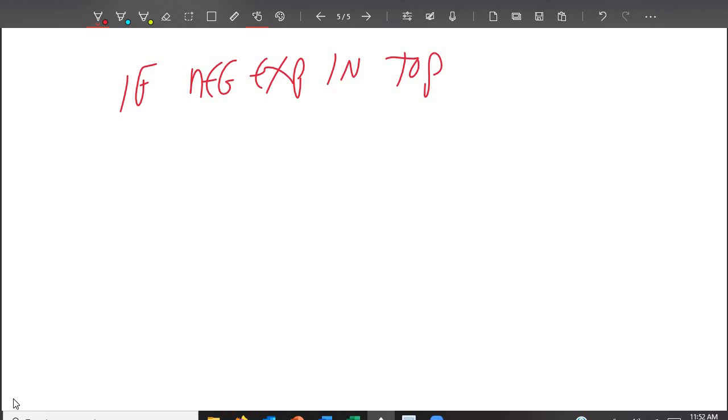So here's the general rule. If you have a negative exponent in the top, move it to the bottom and make it positive.